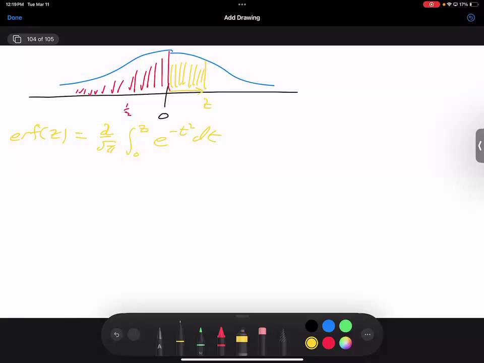Really, what that's doing is finding the area. Here's 0. Here's z. Here's minus z. And it's finding the area between minus z and z. So this is just the probability that minus z is less than or equal to y, less than or equal to z.